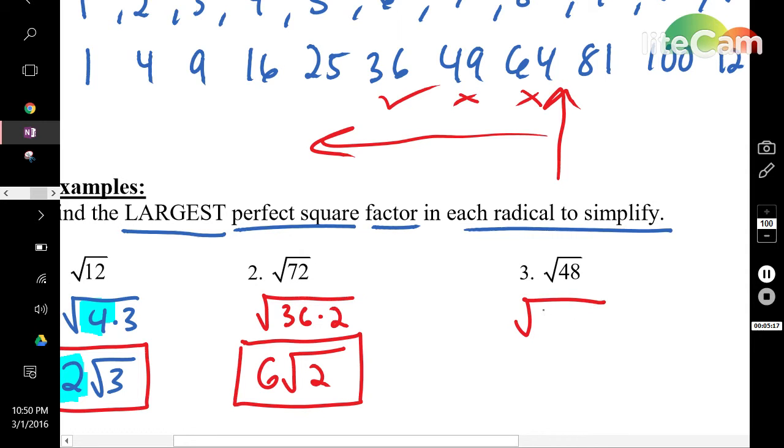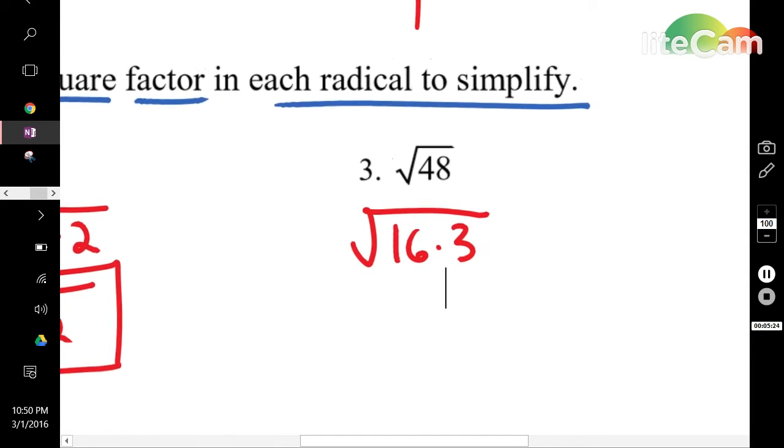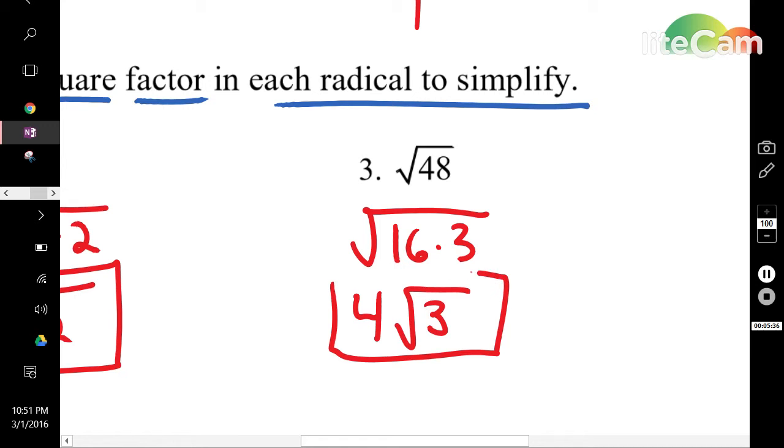See how I'm working backwards from the number where it fits in the number line? So it goes into 48 3 times. So we write this as the square root of 16 times 3. The square root of 16 is 4, and then root 3. The square root of 3 is not a whole number, therefore you leave it as 4 root 3.